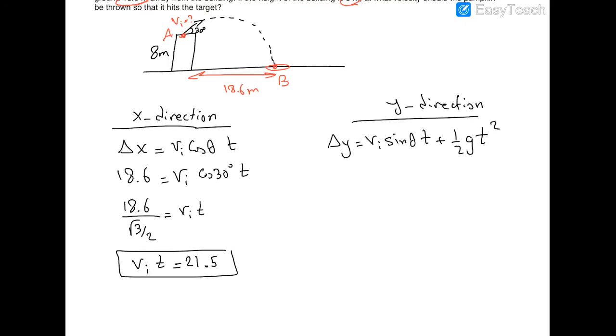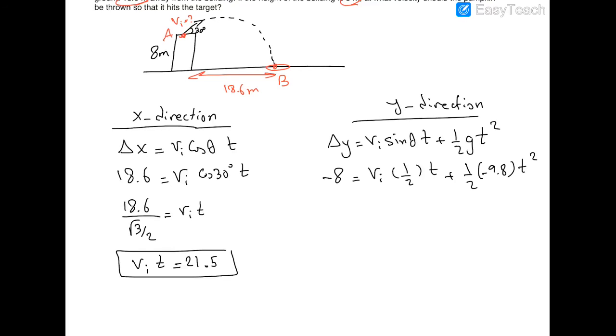Okay, so delta y, 8 meters going down, so negative 8, equals VI, I don't know, sine theta is 1 over 2 because it's sine 30 degrees, and t, we don't have it, plus 1 over 2, negative 9.8 t squared. Now I need to solve for t, right?